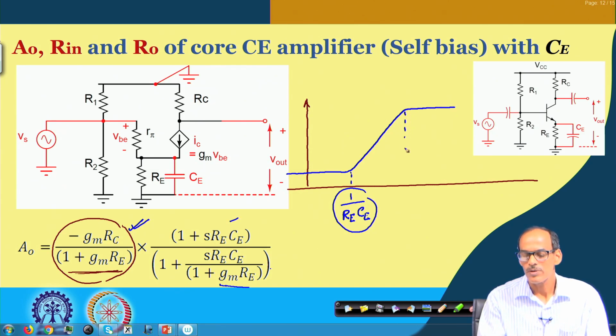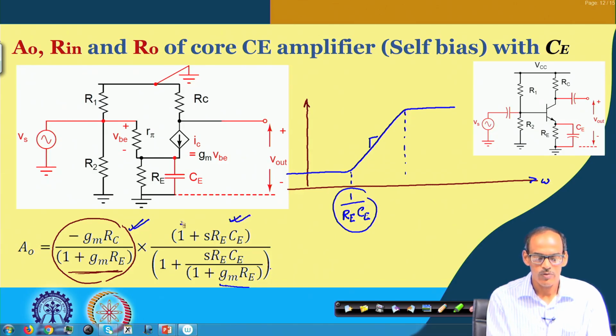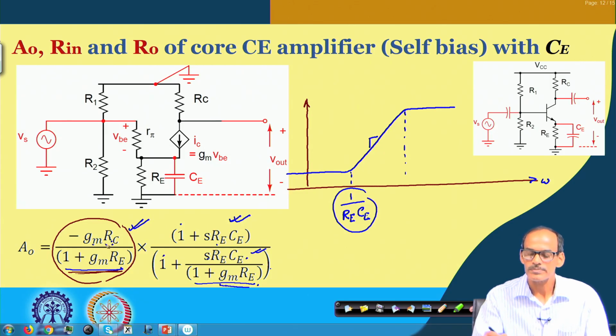Once we have this pole, the variation of this gain with frequency gets compensated by this pole. Mathematically, once we have this part dominating over 1 and this part dominating over this 1, then this S and this S get cancelled, Re and Ce also get cancelled, and 1 plus Gm into Re also gets cancelled with this. So what we have here is Gm into Rc.